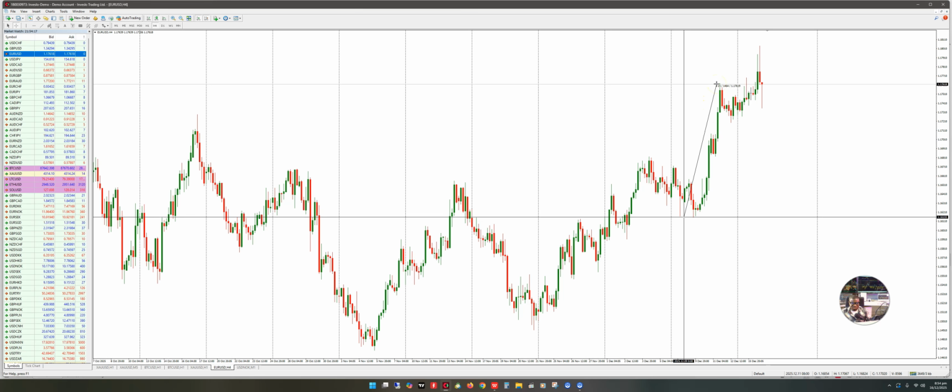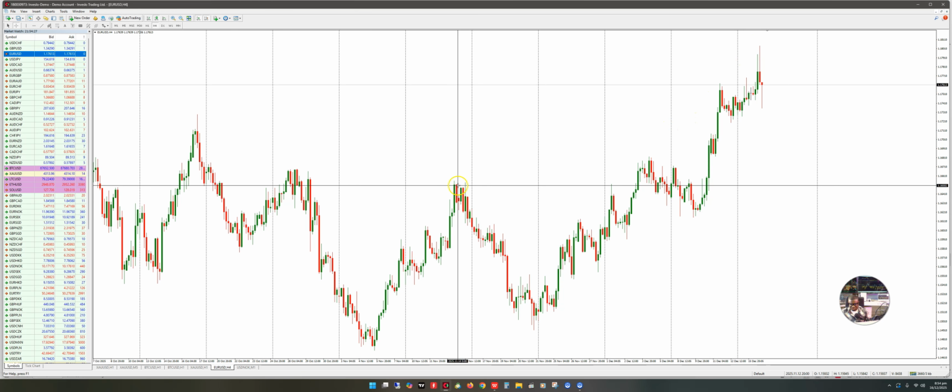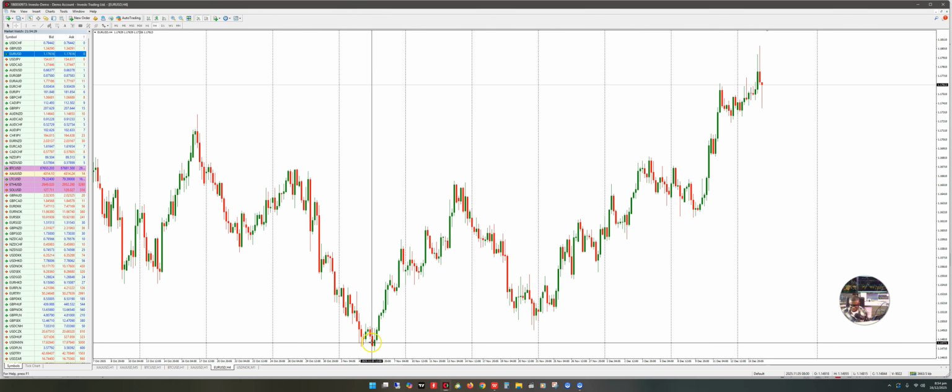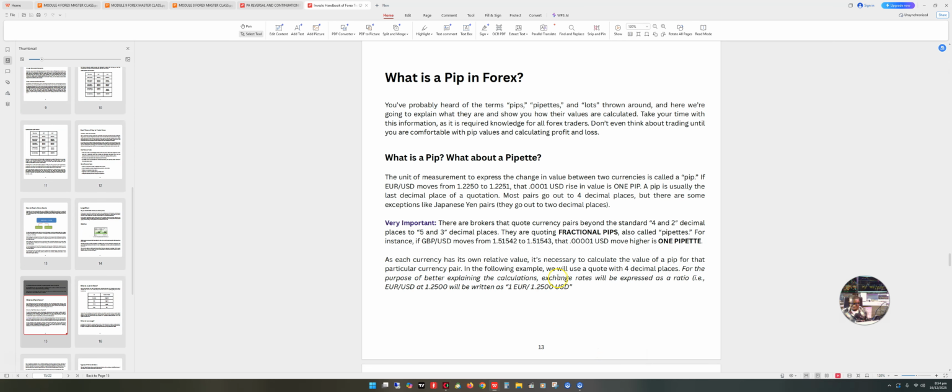You see that Euro USD moved an average of 148 pips, and this week the market has moved an average of 76 pips. Measuring from this bottom to this top is about 186.6 pips. That is how you calculate your pip count.